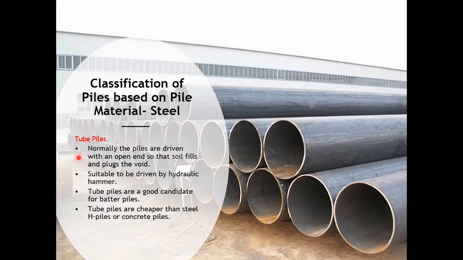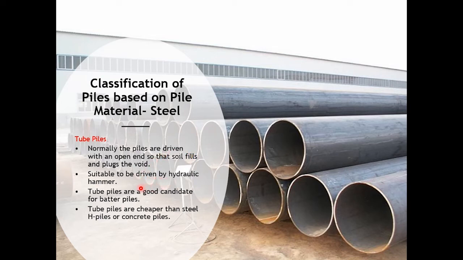Tube piles are normally driven with an open end so that soil fills and plugs the void. Open end tu maksudnya hujung bawah tu memang kosong lah, kita tak tutup dia, jadi tanah tu akan masuk dalam lubang tube tu.